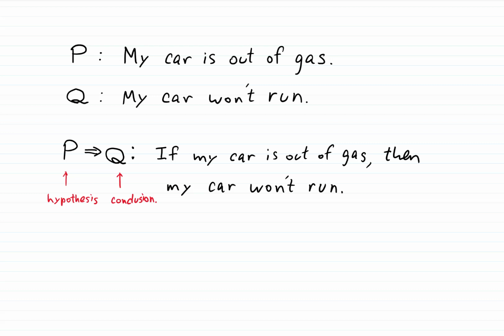Now, let's talk about truth and falsity. All right, so this one up here. My car is out of gas. Is that true or false? Well, the answer is you don't know, right? You'd have to come to my house and check in order to find out if it's true or false. What about this one? My car won't run. Is that true or false? Same situation.